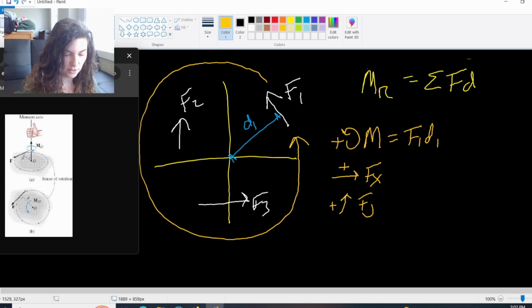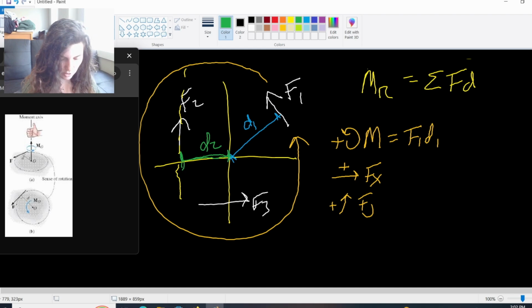If I point my fingers in the direction of D, it's the direction of D that's perpendicular to the line of action. So here's the line of action. This would be D2, because this is where it would be perpendicular.